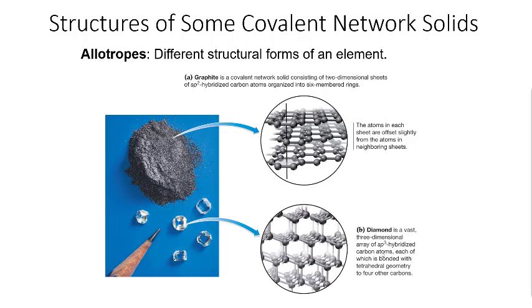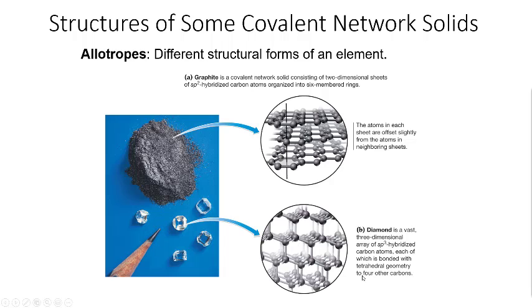Within this covalent structure, we have allotropes. Allotropes are defined as different structural forms of the same element. If we take a look at elemental carbon, carbon can be present in several different forms. We could have graphite, which has planar sheets, and we know graphite from pencil lead.